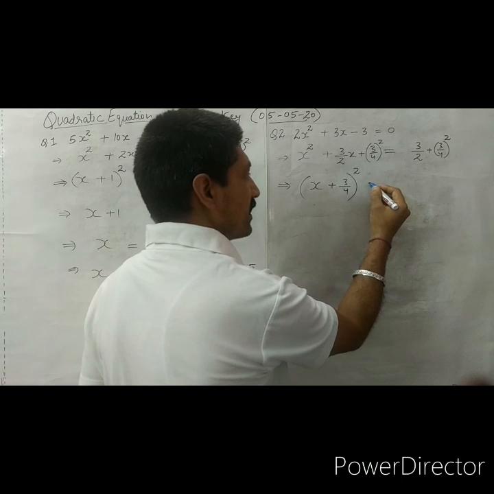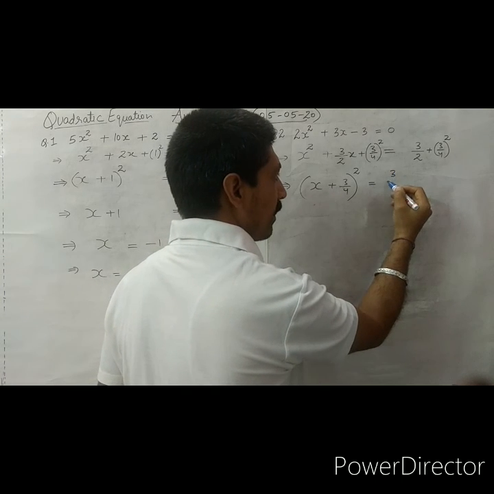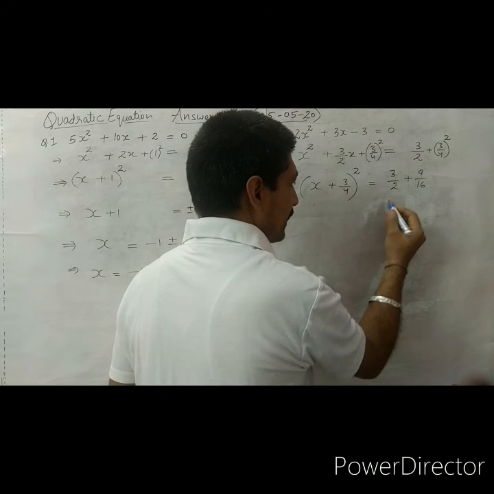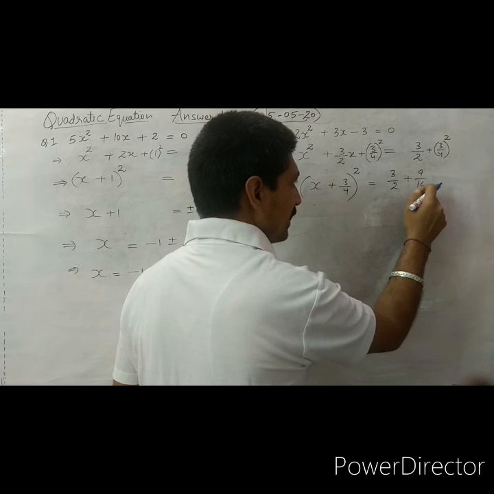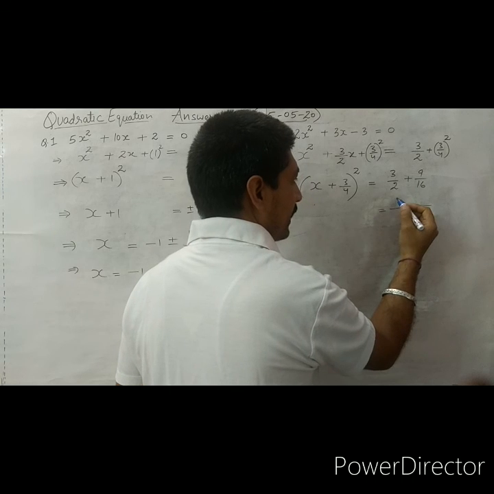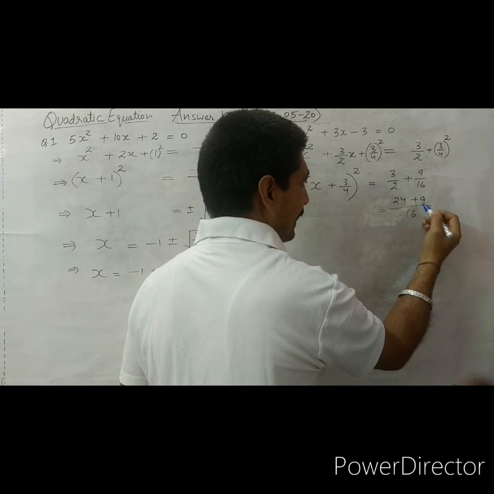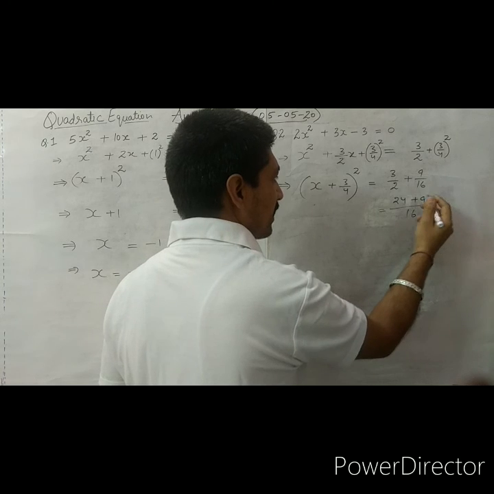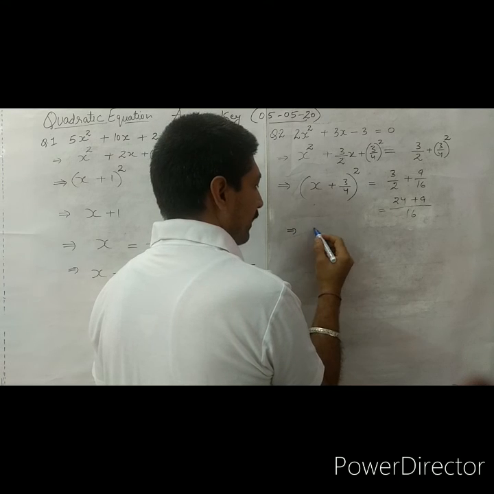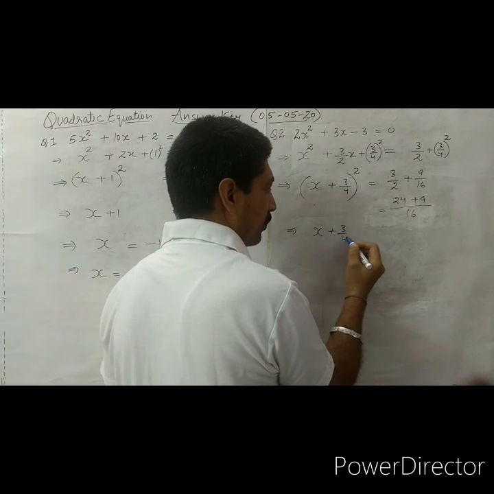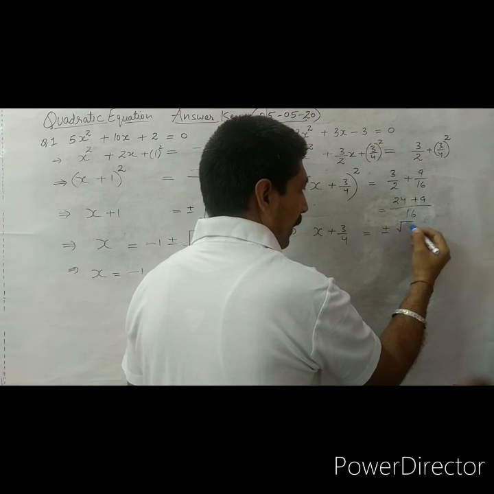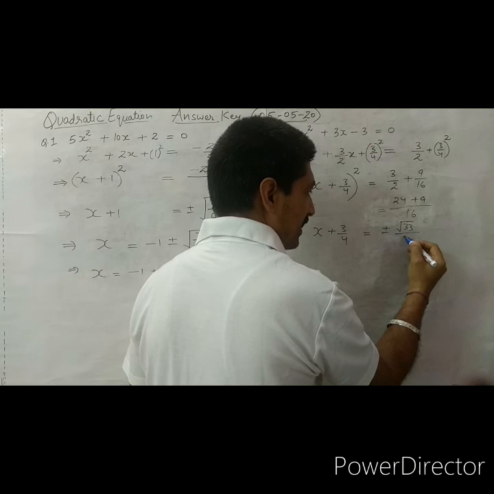So here this is equal to 3 upon 2 plus 9 upon 16. Further again, the LCM here is 16, so 24 plus 9. So it is 33 upon 16. Taking under root both sides, we get x plus 3 upon 4 is equal to plus minus under root 33 upon under root 16, which is 4.